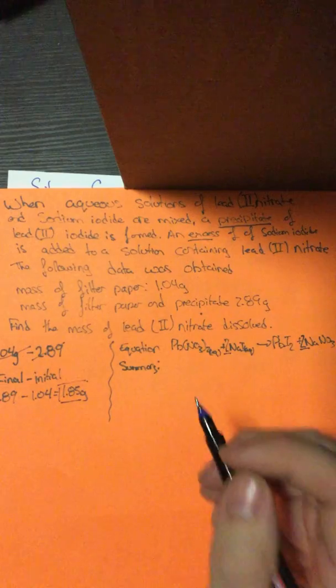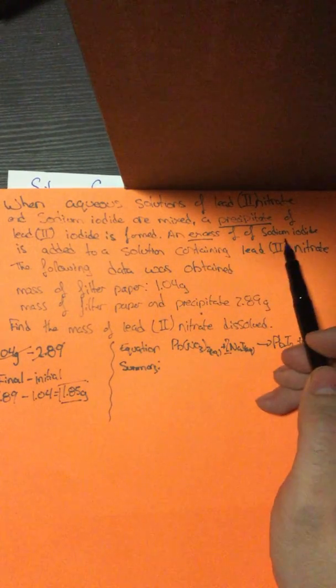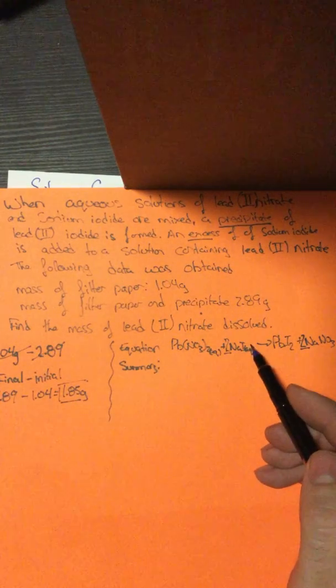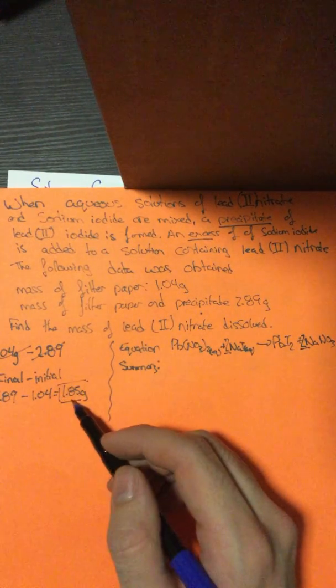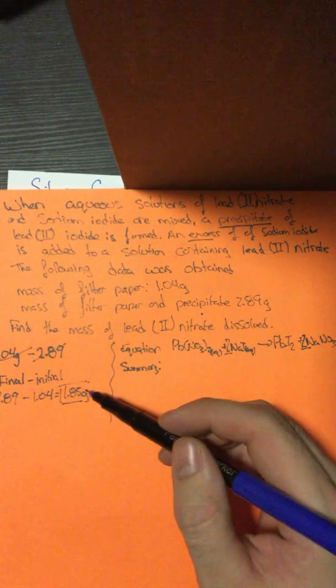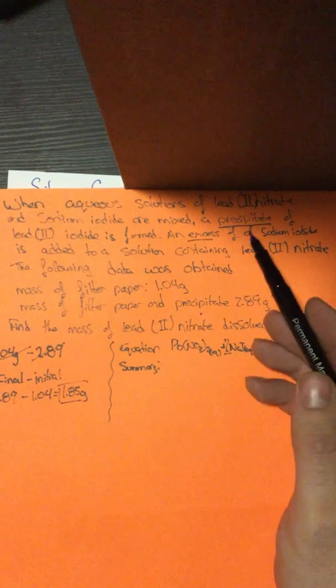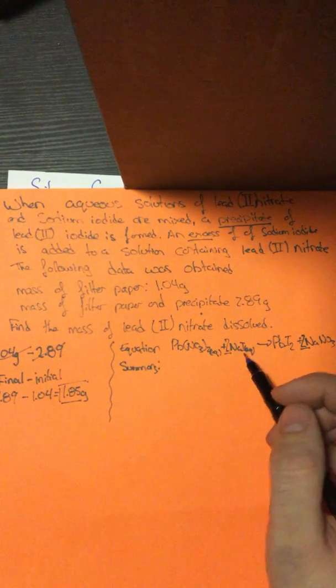Then I need to write my summary. Now for my summary, I need to pull out a limiting reagent. So I have an excess of sodium iodide, so that's not going to be it. But I do have 1.85 grams of the precipitate. Now when I look through here, this was a solution, this was a solution.